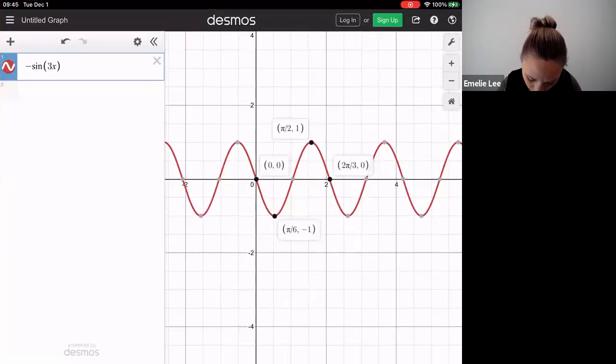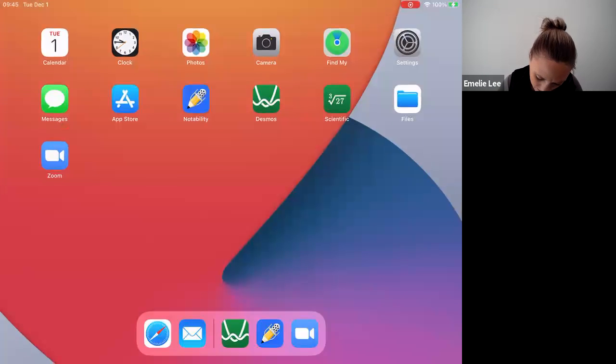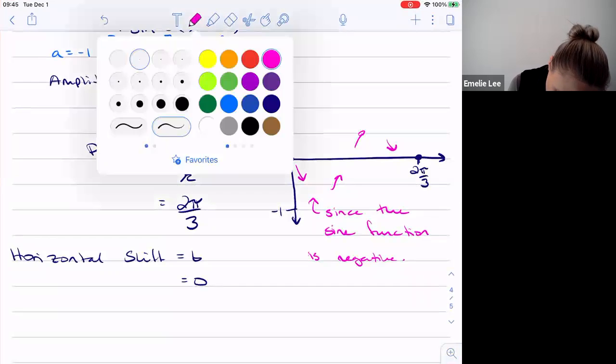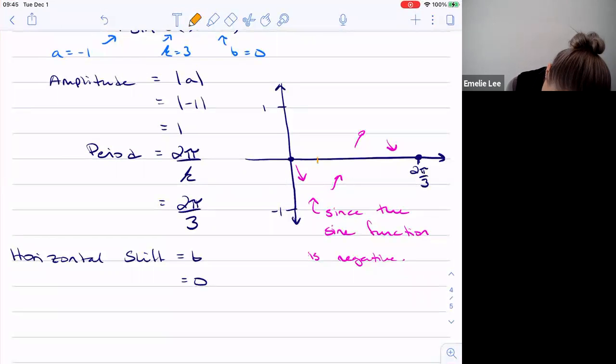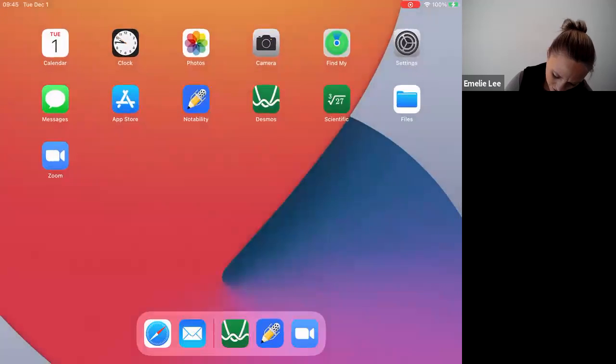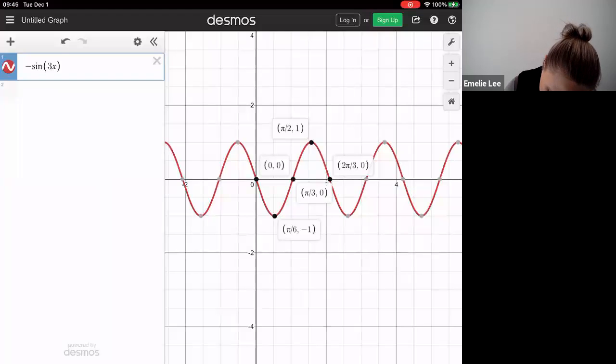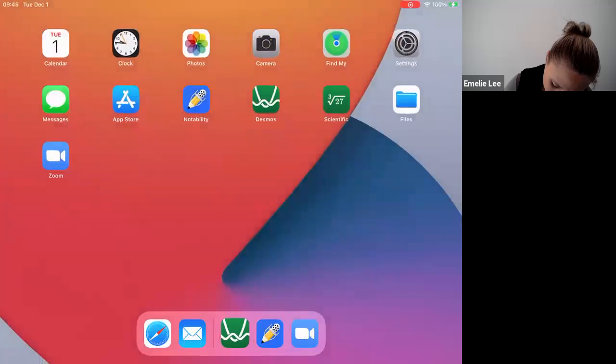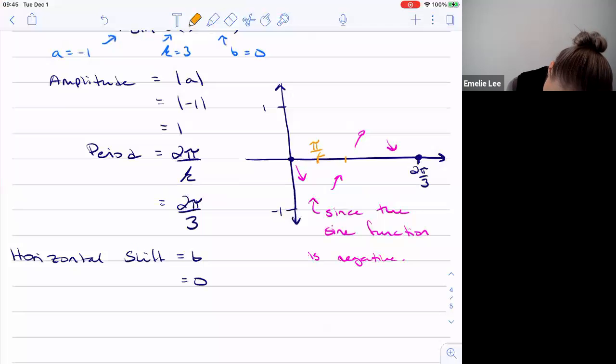So let's just copy those cutoff points. Pi over 6. So here, this is going to be at pi over 6. This is going to happen at, is it pi over 2? Sorry, pi over 3 and pi over 2. And then 2 pi over 3.